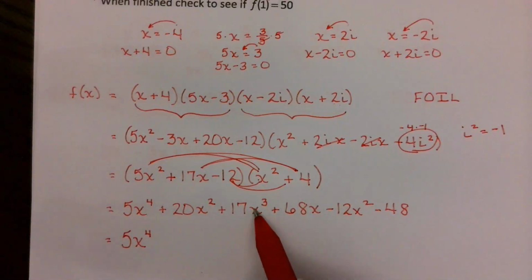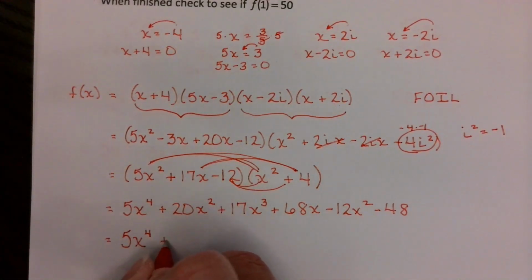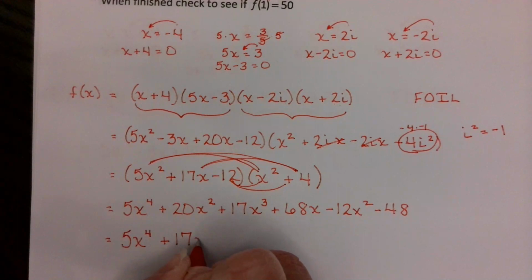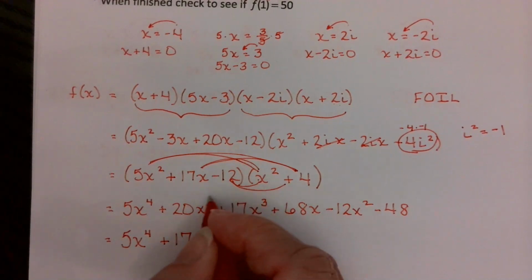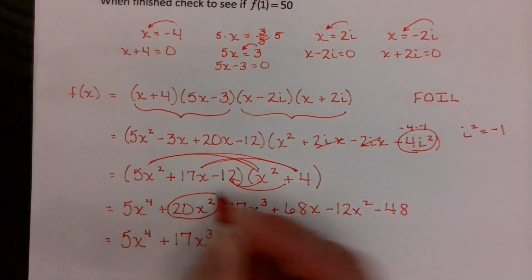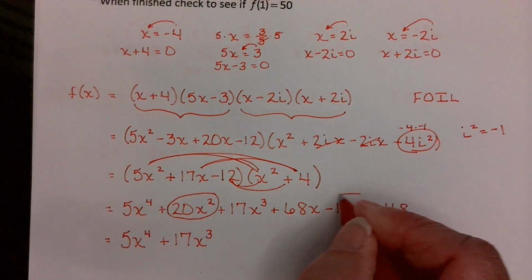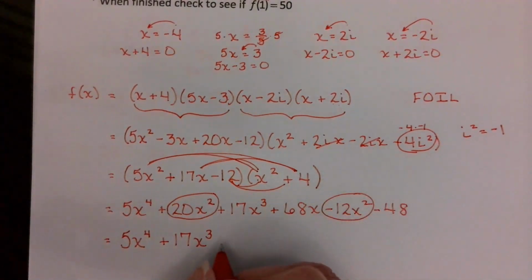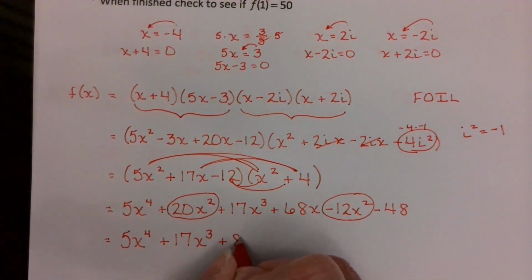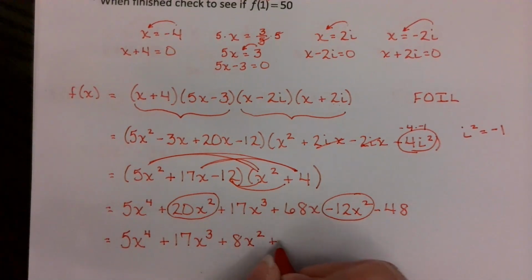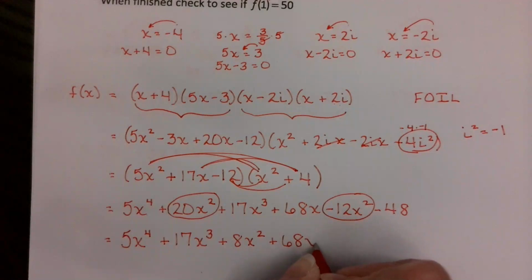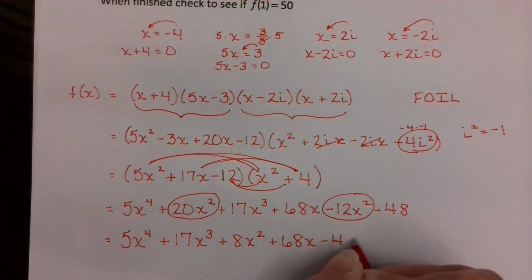I have a 17x to the 3rd, so that's going to go next. I have a 20x squared and a negative 12x squared, which gives me 8x squared plus 68x minus 48.